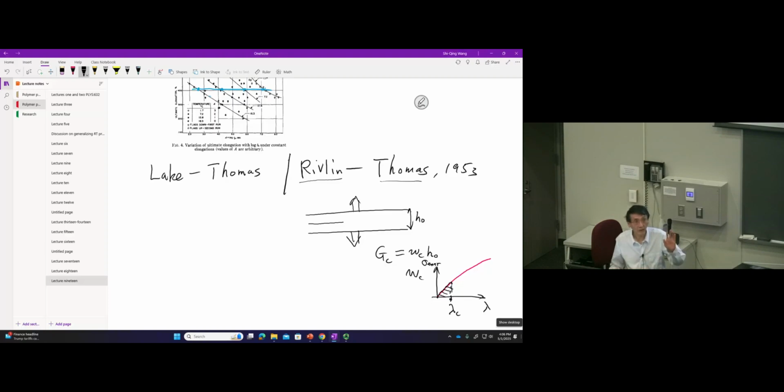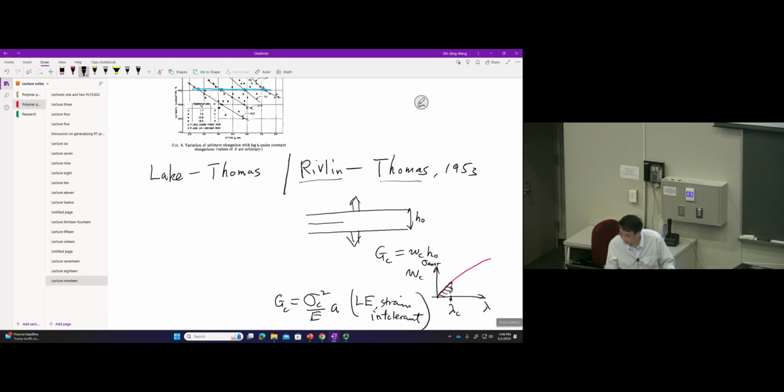Remember when Griffith developed this concept of energy release rate, critical energy release rate, for window glasses, this essentially works only in the limit of linear viscoelasticity and also strain intolerant material, meaning it doesn't stretch much.